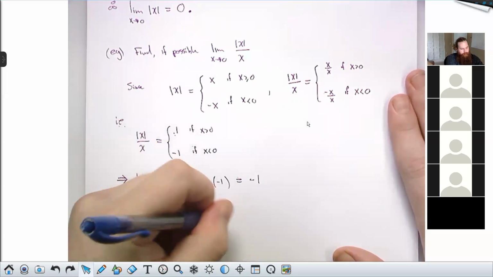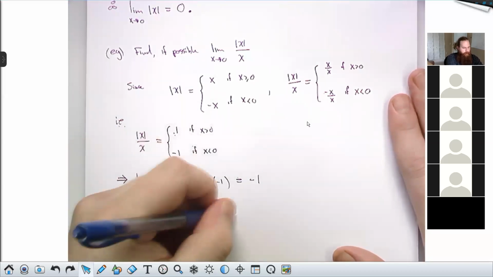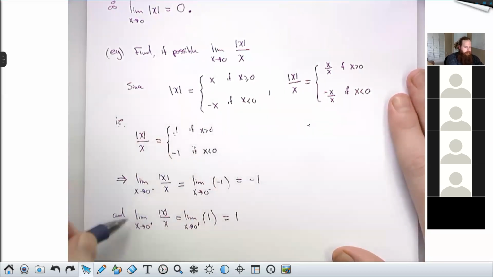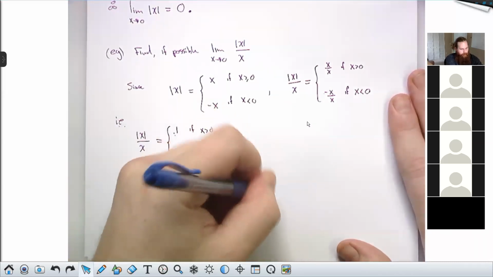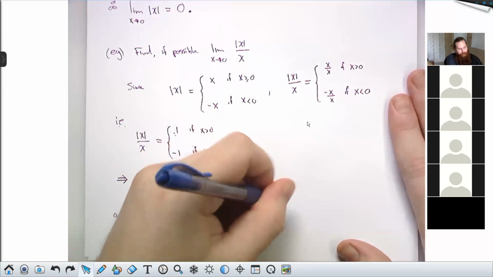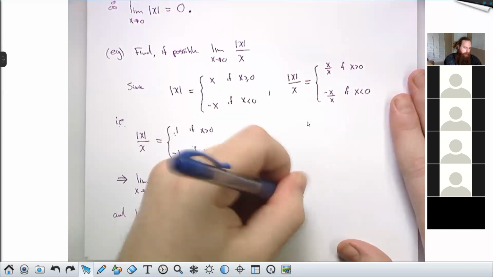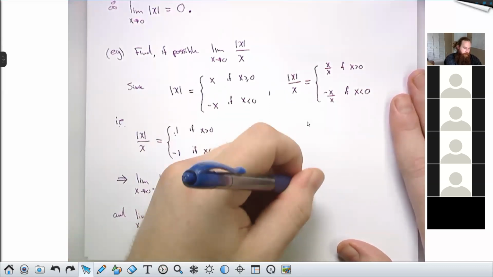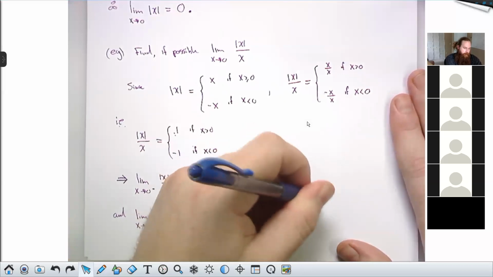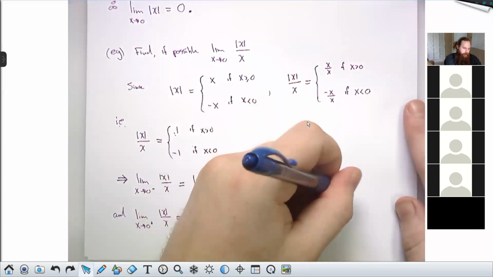So that's the same as taking the limit as x goes to 0 from the right of 1. But here you'll see the left and right limits do not match. So this implies that the limit as x approaches 0 of absolute value x over x does not exist.